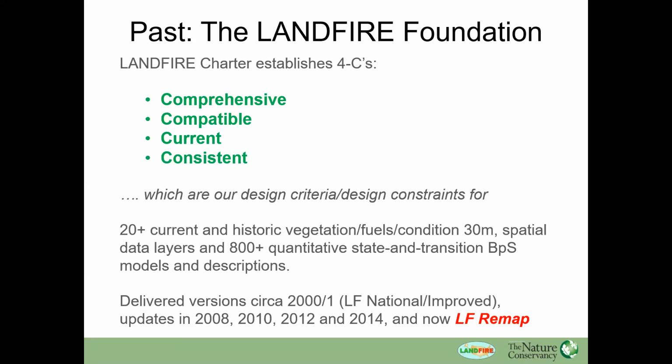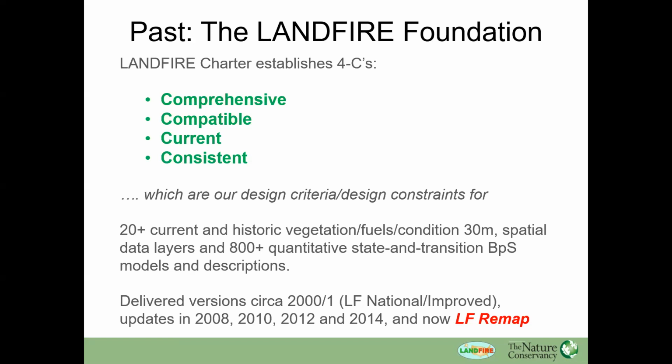We've created about a couple of dozen current and historic vegetation spatial data layers, fuel, surface, and canopy, ecological condition, all 30-meter spatial data layers, multiple versions. And we've created somewhere in the 800 to 900 number of quantitative state and transition BpS models and descriptions. And we'll get into more of that later if you're not familiar with those.